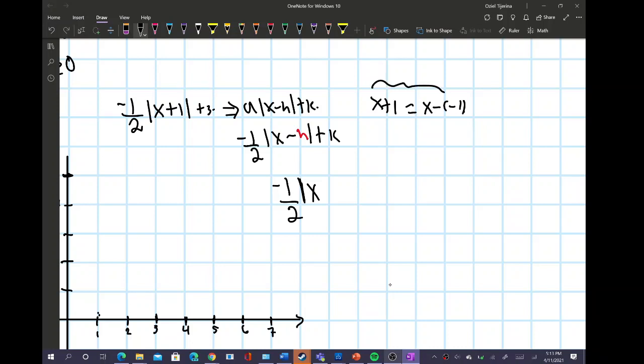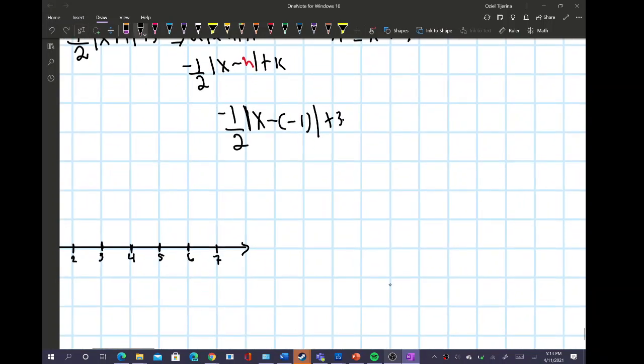This is what we call an identity, okay? Meaning that they're both the same thing. So we can say x minus -1 plus 3.